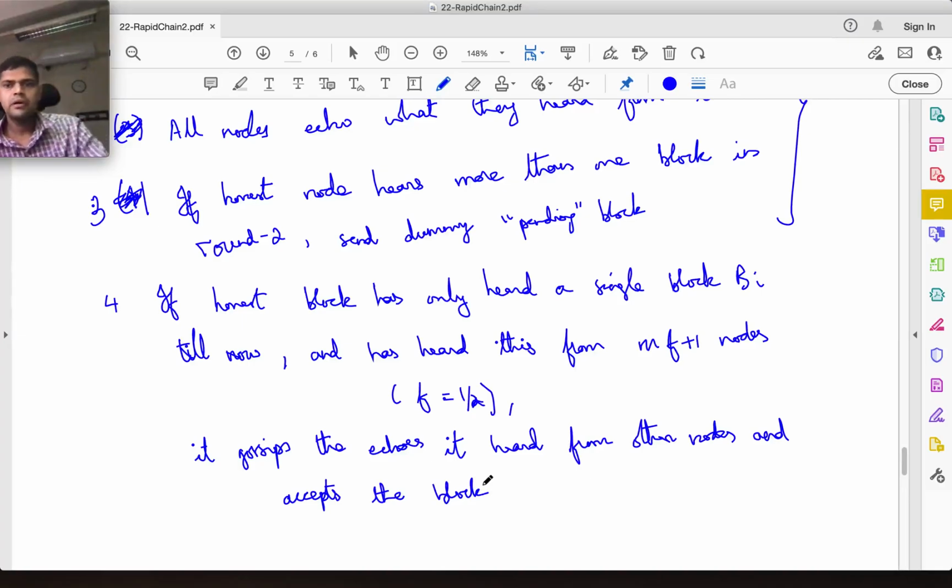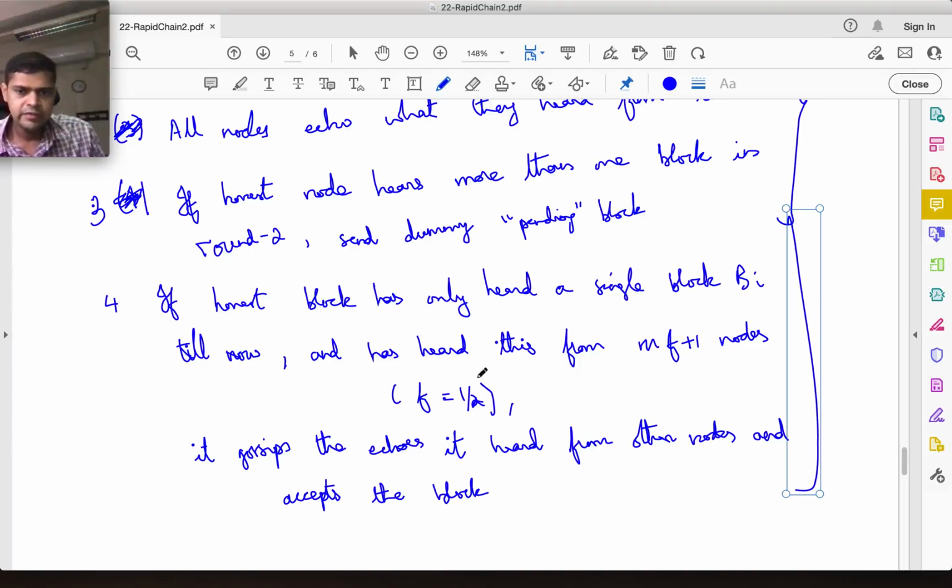Okay, so because all of this is synchronous, we are in luck because everybody is going to hear all these echoes, and it's possible to prove that the attacker will not be able to break this protocol, right? So there are this many echoes that he has heard. Okay, he has not heard anybody saying that they have heard anything other than this single block, right?